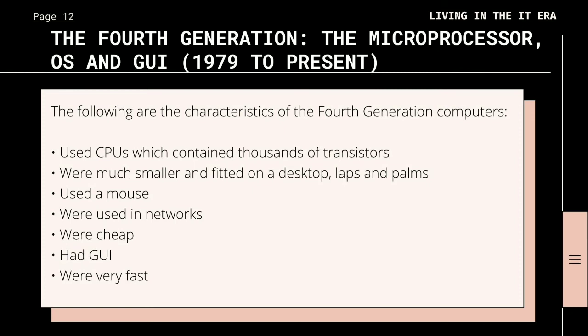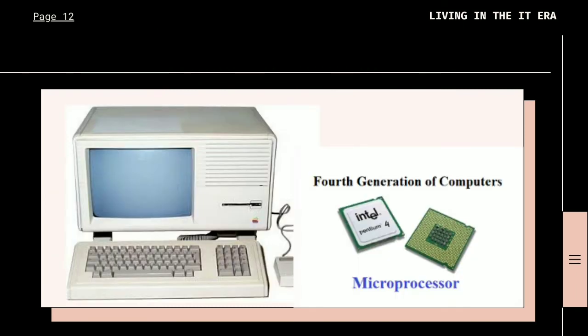It used CPUs, which contained thousands of transistors, were much smaller and fitted on a desktop, laps, and palms. It used mouse and were used in networks. Were cheap, had GUI, and were very fast. Image shown is an example of a fourth-generation computing device.